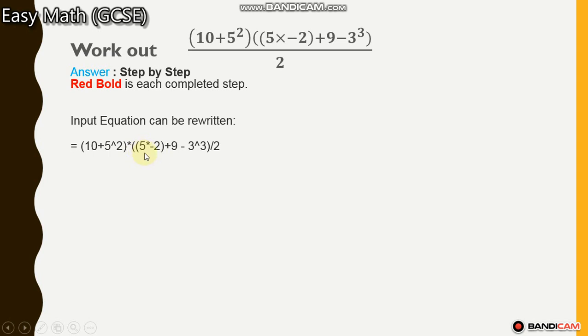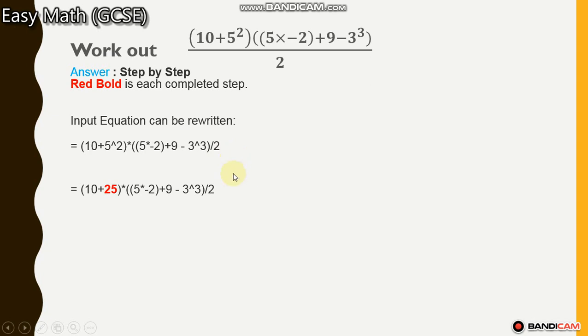We have 2 brackets, so we open them to complete and accomplish your solution. The first parenthesis includes 5 times negative 2, and close the parenthesis, plus 9 minus 3 raised by 3. Now we close the first bracket, over 2.